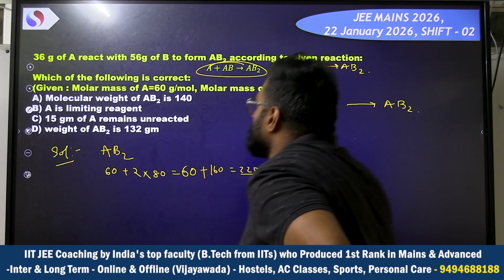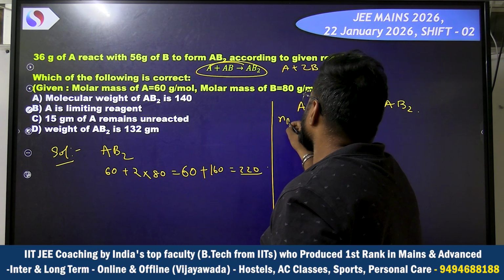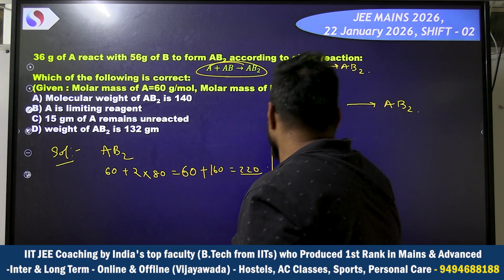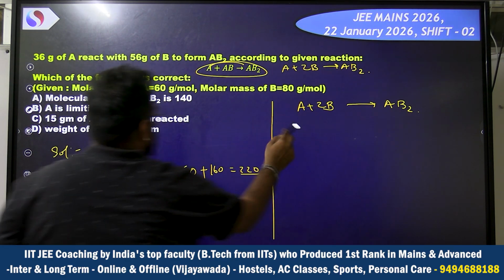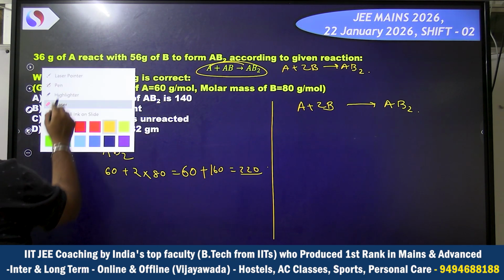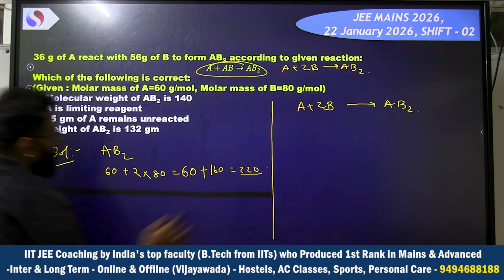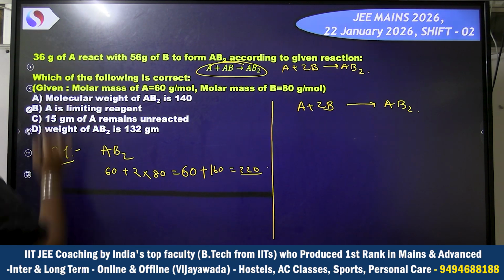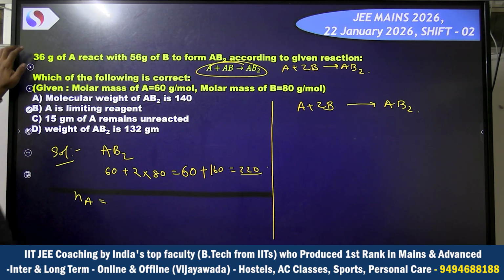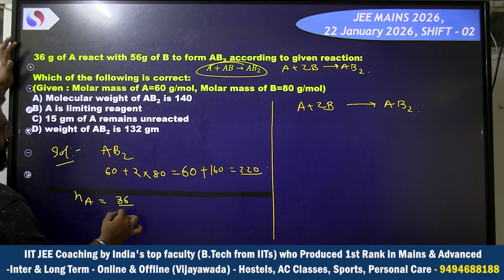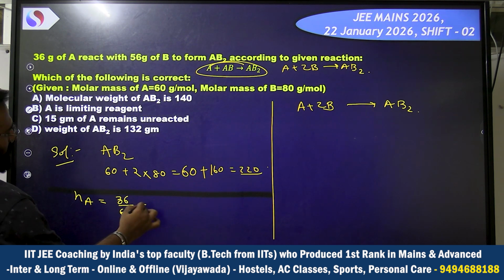Correct? So, number of moles of A. What will be the number of moles of A? Let us calculate here. What is the weight of A? 36, divided by 60.